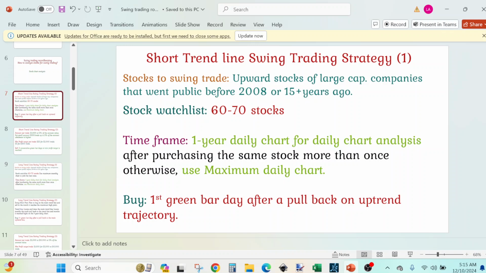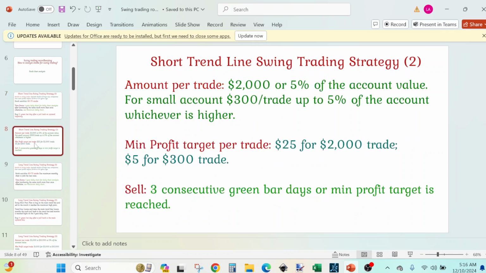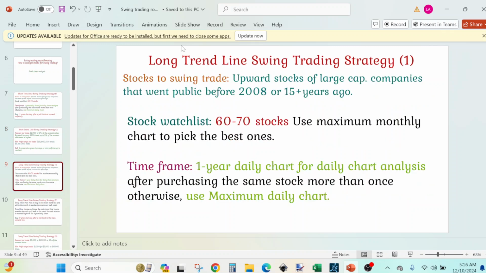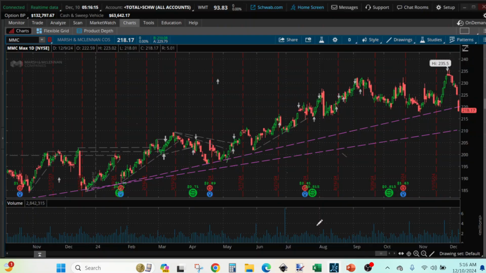This is the short-term trend line swing trading strategy that we used this year, 2024. But going into 2025, we like to use the long trend line swing trading strategy. You saw those lines. You see the line that we like to buy on is longer compared to what we did in 2024.